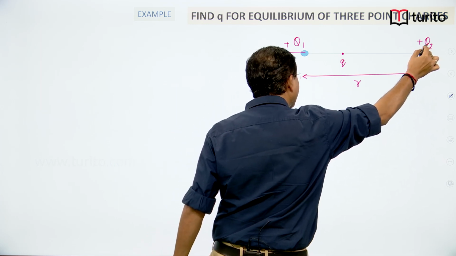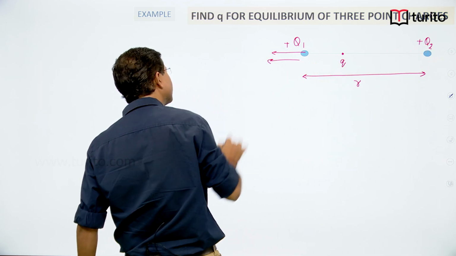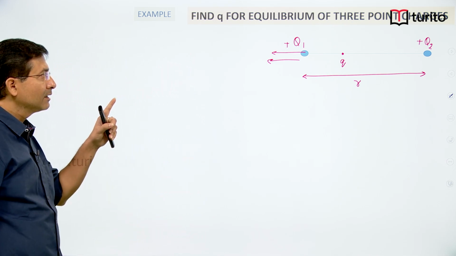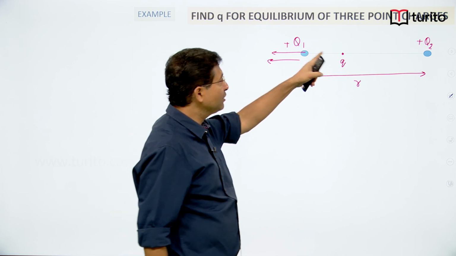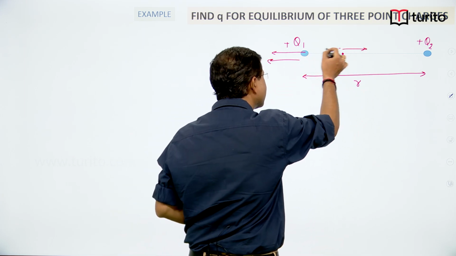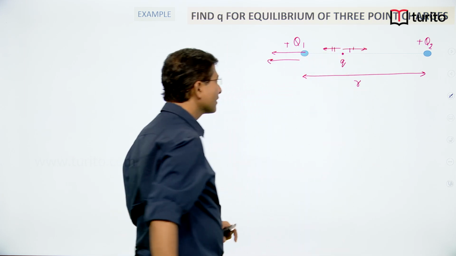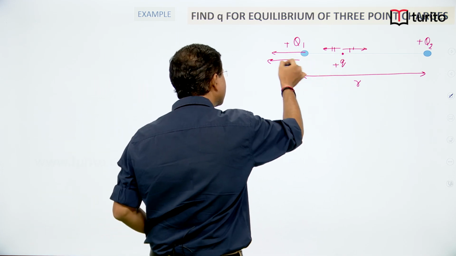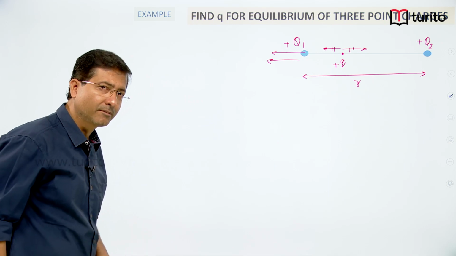Similarly, this being positive will push it away. So you can see both the forces are in the same direction. Here these two are providing force in opposite directions, they can cancel each other, even if this is positive. But in that situation this cannot be in equilibrium.